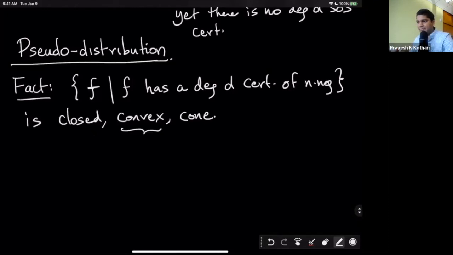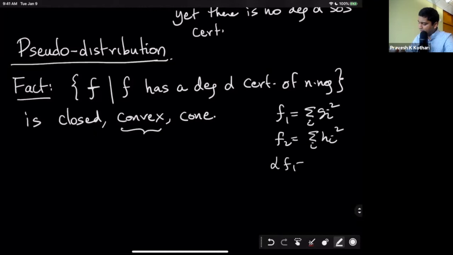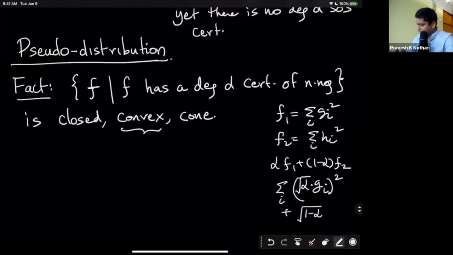In notation, if f1 equals some sum of g_i squared and f2 equals some sum of h_i squared, then for any alpha in [0,1], alpha f1 plus (1 minus alpha) f2 equals the sum of (root alpha g_i) squared plus the sum of (root of 1 minus alpha h_i) squared, and alpha is non-negative, so I can write it like this. So that's the SOS representation for a convex combination. That proves that this set is convex.